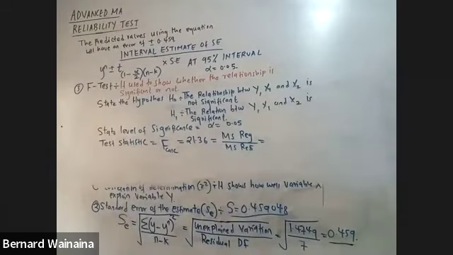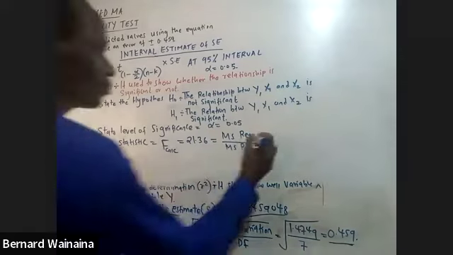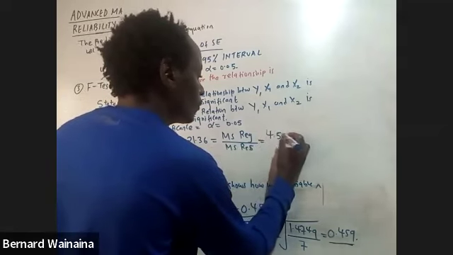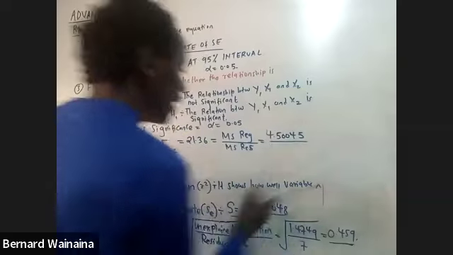Now let's go to our question panel. What is the MS of the regression? Someone tell us. 4.5, 0.0045. Yes.